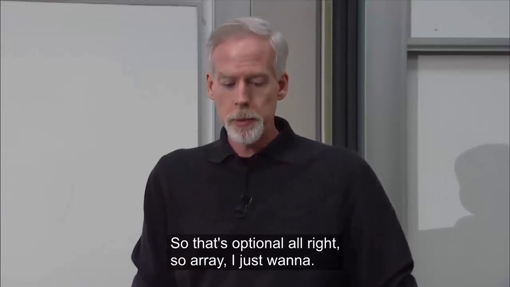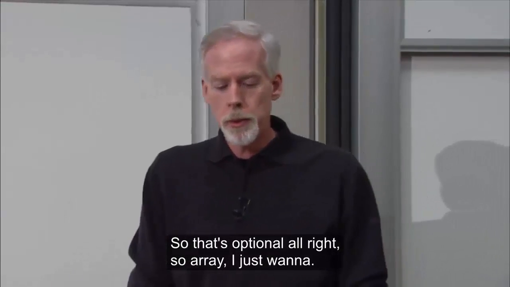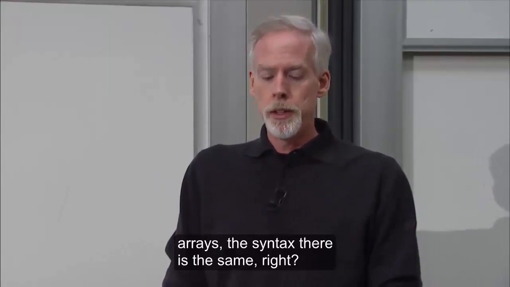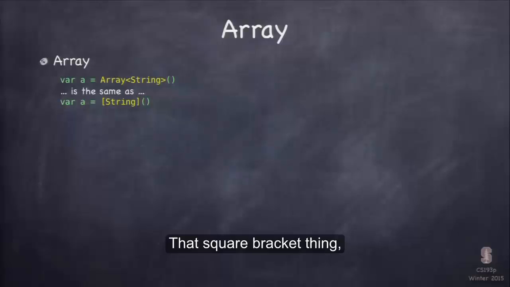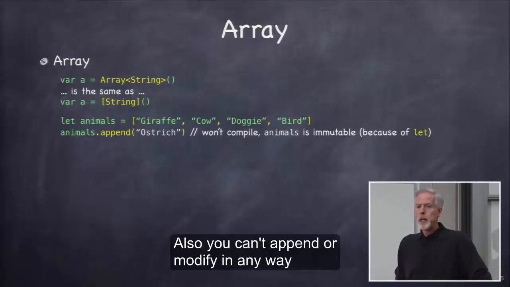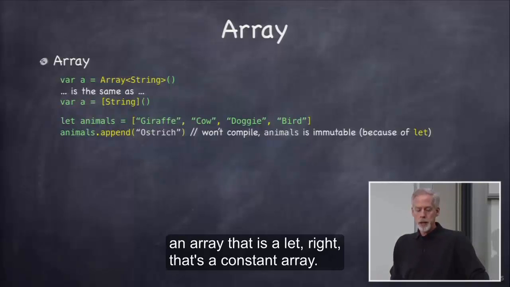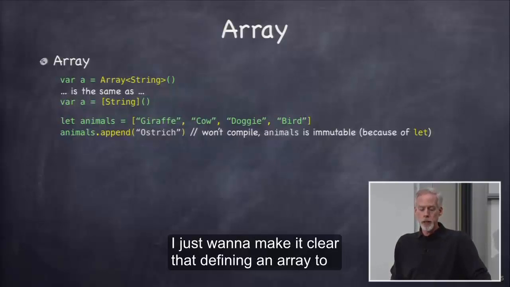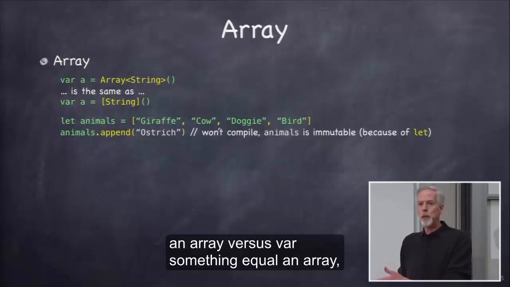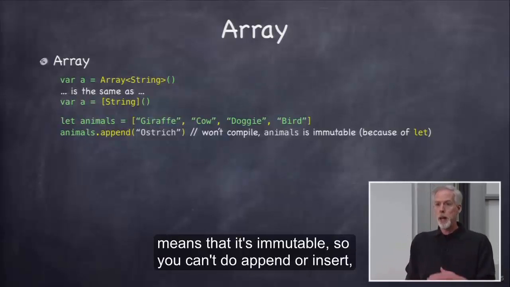Okay? So that's optional. All right, so array, we covered this, so I'm going to go really fast through this, but with arrays, the syntax there is the same, right? That square bracket thing means exactly the same thing. Also, you can't append or modify in any way an array that is a let, right? That's a constant array. I just want to make it clear that defining an array to be a constant by saying let something equal an array versus var something equal an array means that it's immutable.